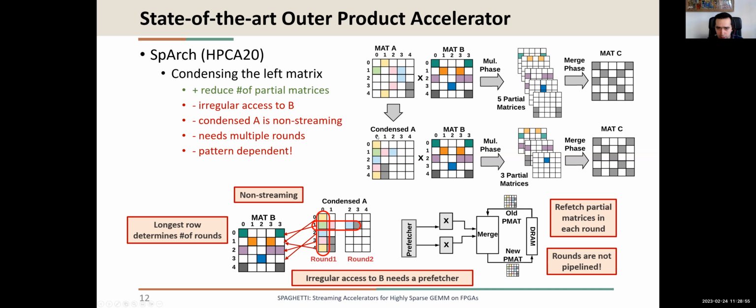But in this case, you take column 0, but in column 0, you need row 0, row 1, row 4. So you need different rows of matrix B. So you're accessing non-contiguous locations of matrix B in the memory. So that means that you cannot have a fully streaming architecture, and it needs a prefetcher, or it needs a cache, and that is expensive. But the idea is a great idea, probably for the accelerators that can afford having a cache or a prefetcher.